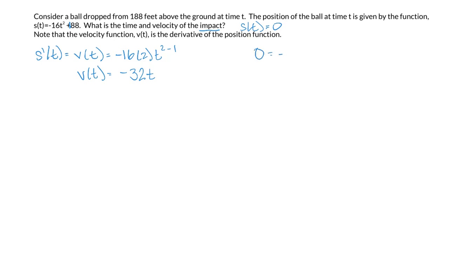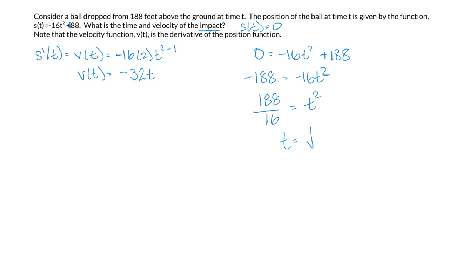We would have 0 equals negative 16t squared plus 188. Subtract 188 from both sides. So then we're going to divide both sides by 16. They're both negative, so we have a positive value now. So t equals the square root of 188 over 16. Notice I ignored the negative, right?